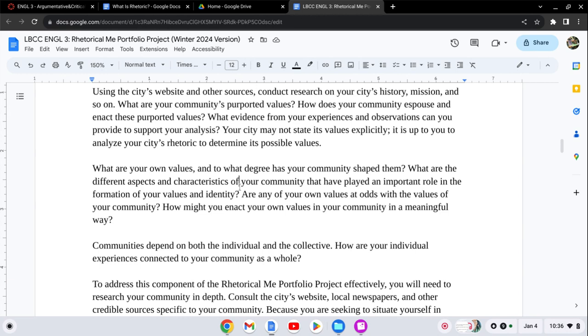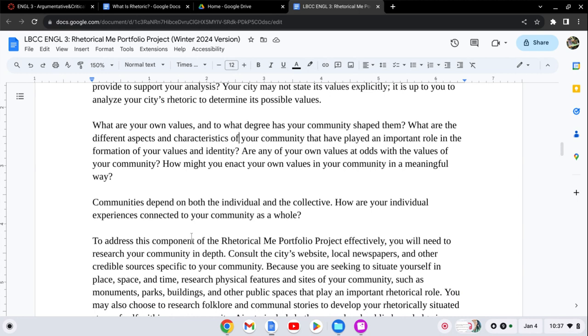But then you also might want to think, do you have values that maybe your community doesn't share? If that's the case, why? How might that be the case, right? And then you'd want to think, how can you actually meaningfully enact your values in your community? What are some things that you could do in order to spread those values in your community? So that's something to think about.